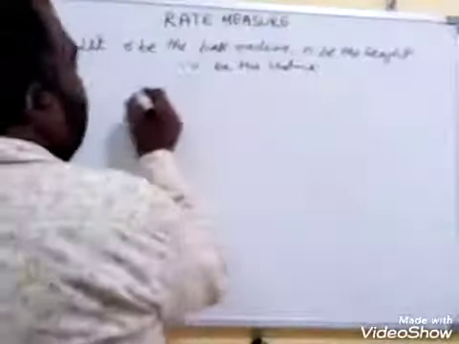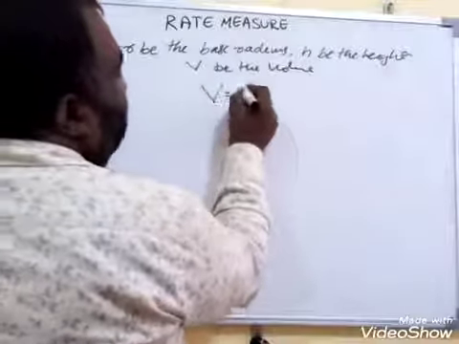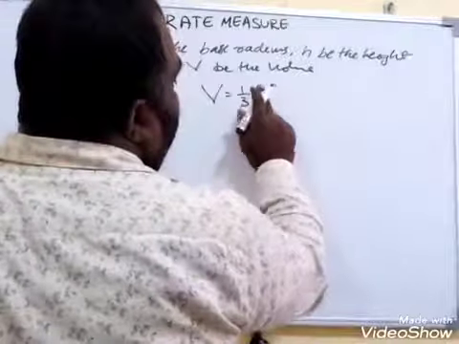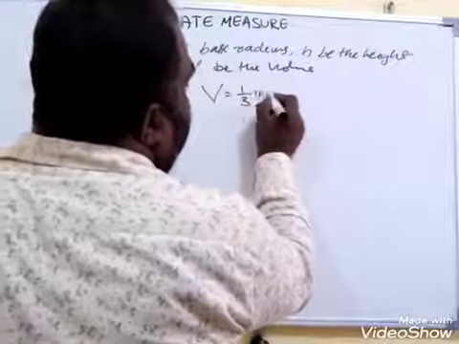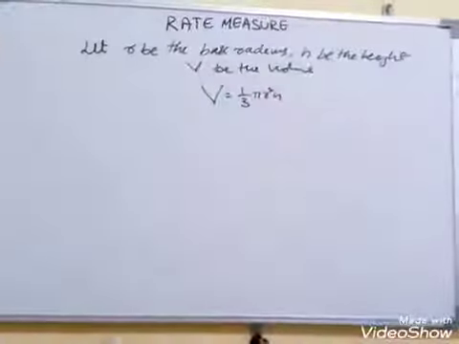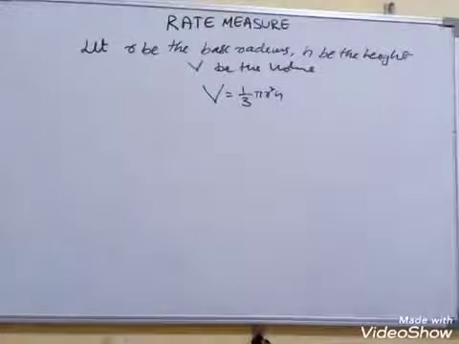Then we have V is equal to 1 by 3 pi r square h.